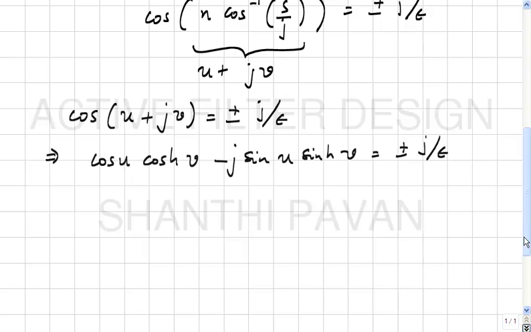Please recall that u and v by definition must be real. Now, equating real and imaginary parts on both sides of this equation, we see that this is only possible if cos u is 0, which means that u must be of the form (2m plus 1) times pi by 2, where m is an integer.